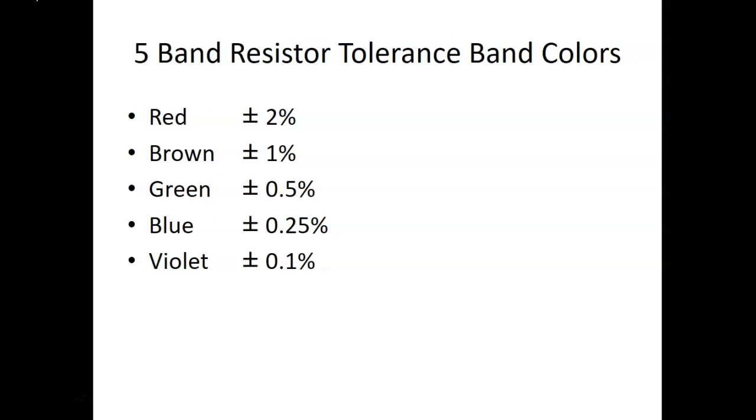Now, if we have a 5-band resistor, that's where these colors come in. You won't generally see gold or silver. And before I get to that, let me go ahead and say this. A resistor will never start with 3 colors. I already told you it will not start with black. It also will not start with gold or silver. Okay? So if you think you're looking at a gold or silver band to start with, you have to flip the resistor the other way and start from the other side.